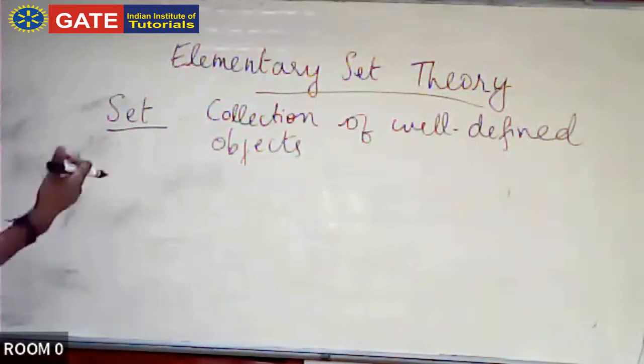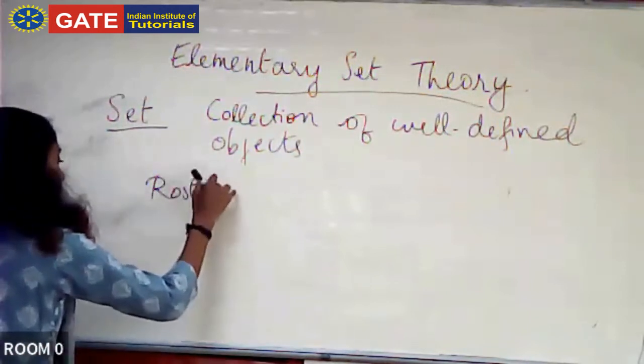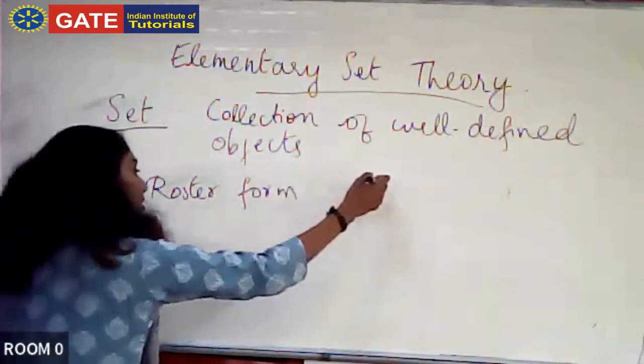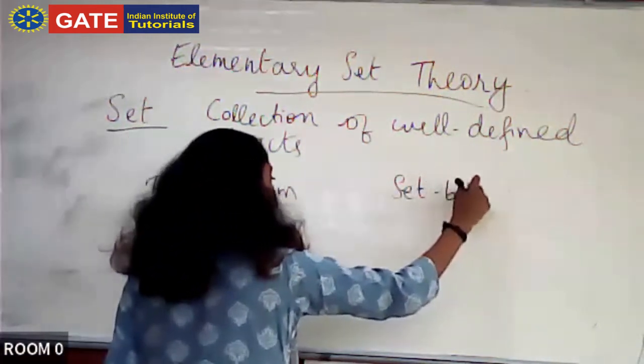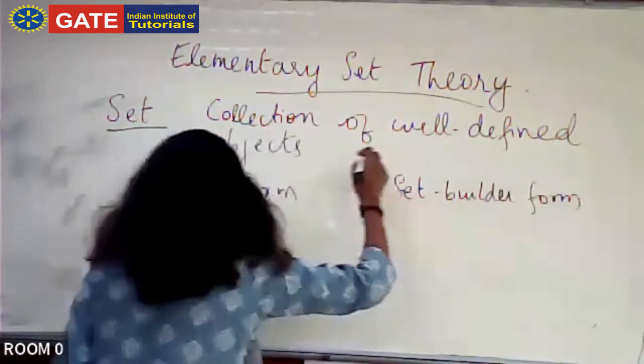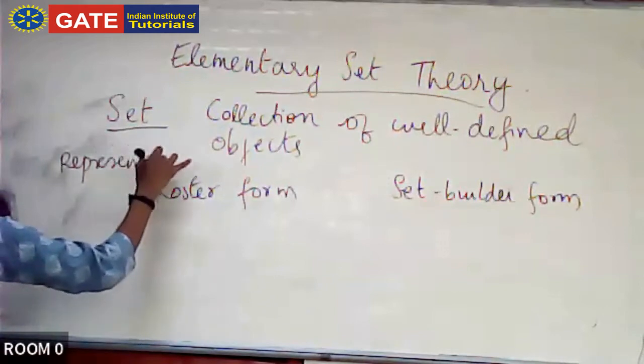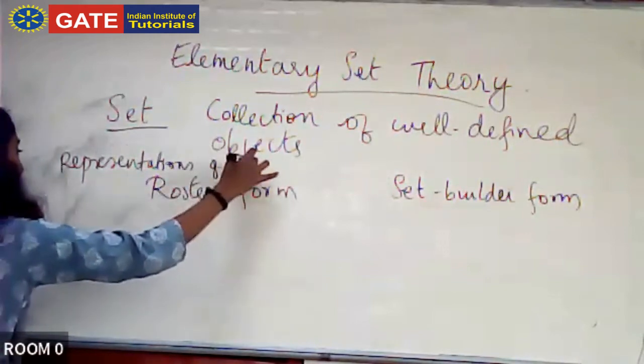We can represent sets in two ways. One is called the roster form and one is called the set builder form. These are the representations of a set.